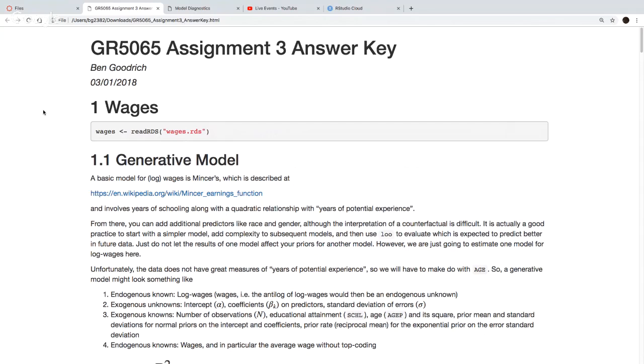It has a Wikipedia page, but basically it says that log wage is a function of years of schooling along with a quadratic relationship based on years of potential experience. And usually the trick is to get some measure of years of potential experience.